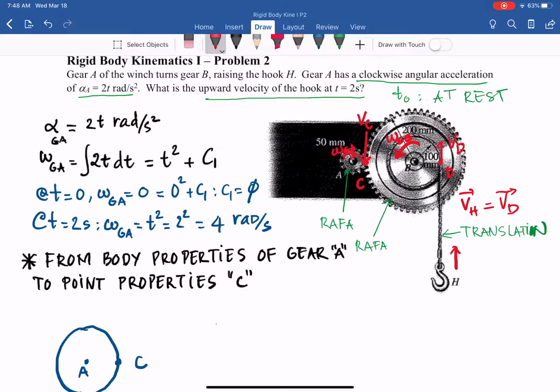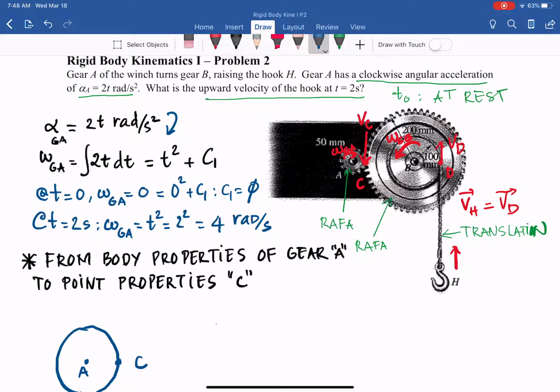Gear A has a clockwise angular acceleration. So that one here, we can write that it is clockwise. And as you can see at time t0, clockwise, omega equal to t squared. See, and it should be increasing. Alpha is 2t, t from 0 to something positive, so alpha is positive.